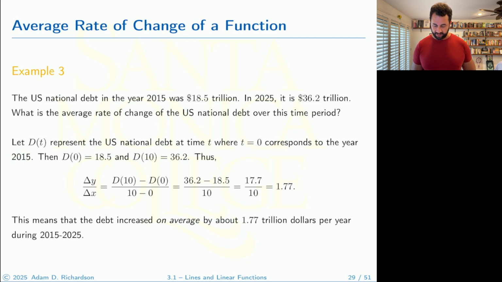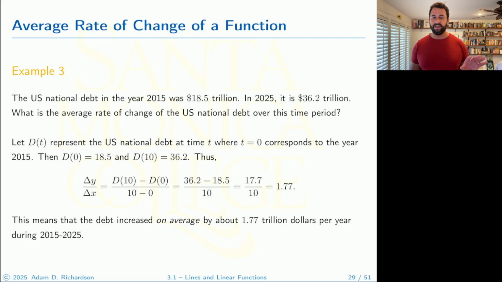So the input of this function is a number t, and the output is the national debt at that time. In this case, t equals 0 corresponds to 2015. That means t equals 10 is going to correspond to 2025, 10 years later. So what do we know now? We know that at time zero, the national debt was 18.5 trillion.